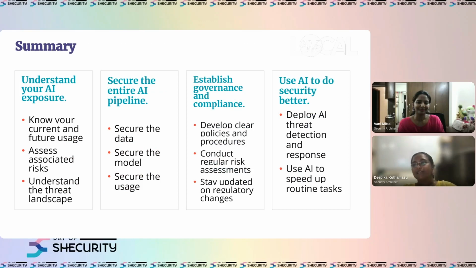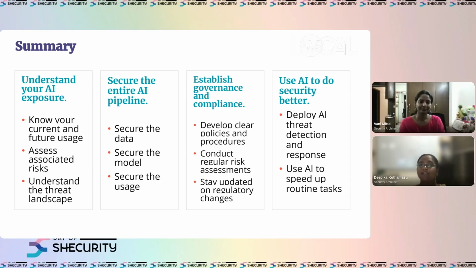Okay, so in summary, I know it was a little fast, but what we have learned is, first, to understand our AI exposure. Know the current and future trends of your data and any associated risk with it. Ensure there is risk management based on the threats and vulnerabilities around the data, whether it is sensitive data or other kinds of data.